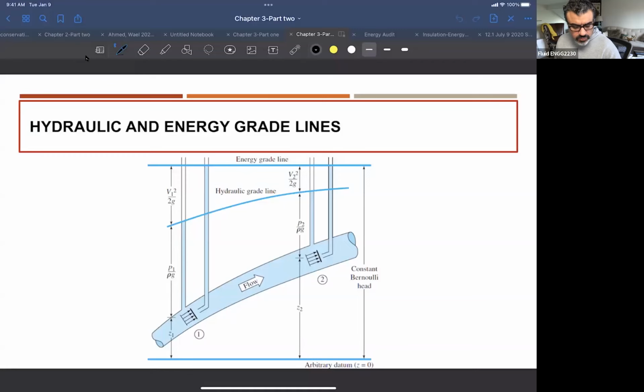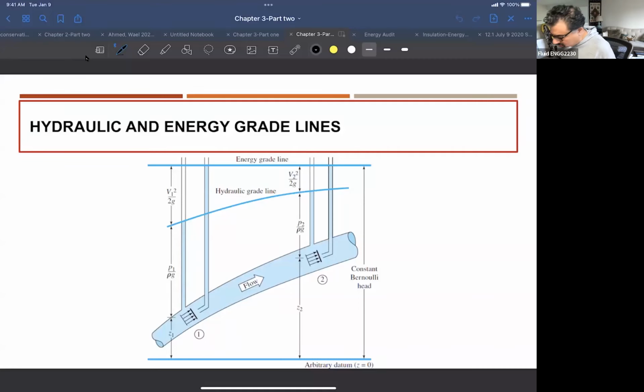Okay, so we need to start from the last point where we left off at the last lecture. Need to move a little bit faster this time. We spent some time talking about the total energy of a system, and we developed an equation starting from the Euler equation, called the Bernoulli equation.